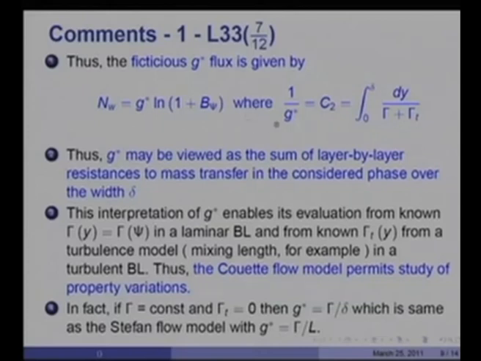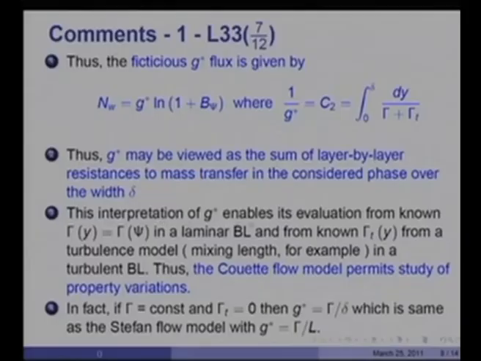So, we can now view g star itself as the sum of layer by layer resistances to mass transfer in the considered phase over the width delta, because 1 over the diffusion coefficient would simply be resistance, and g star is conductance, so 1 over g star would be simply layer by layer addition of resistances to mass transfer in the considered phase.